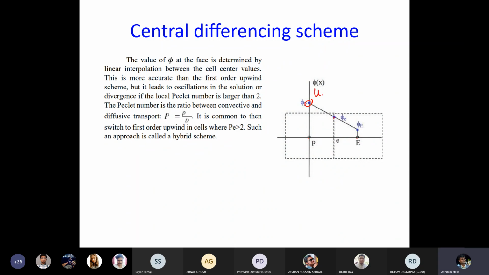So if you have velocity uP here and uE here, not only velocity, you can take any property, let's say temperature TP here, TE here. Then you just join them, and whatever the intermediate point is, you consider that as the value at this face. So this is called the central differencing scheme.